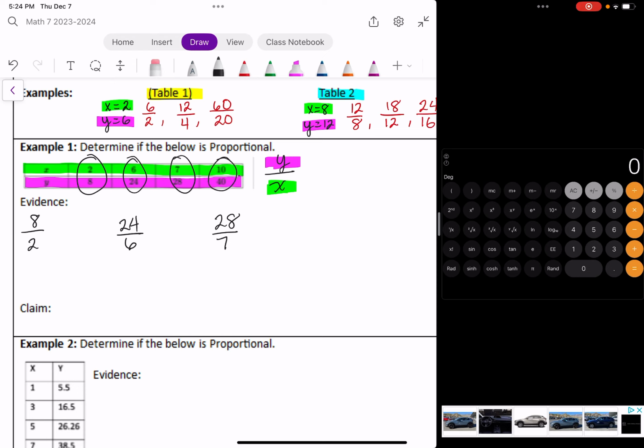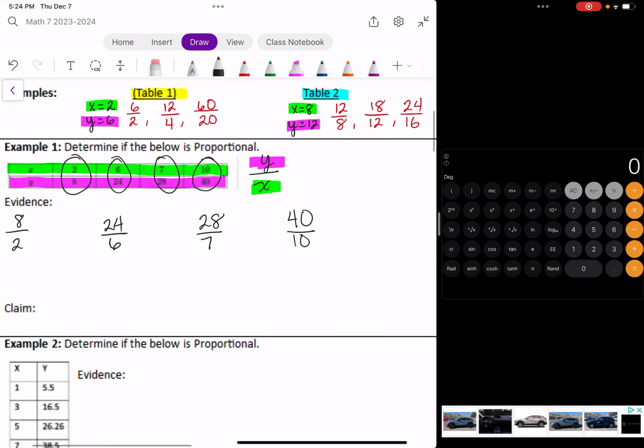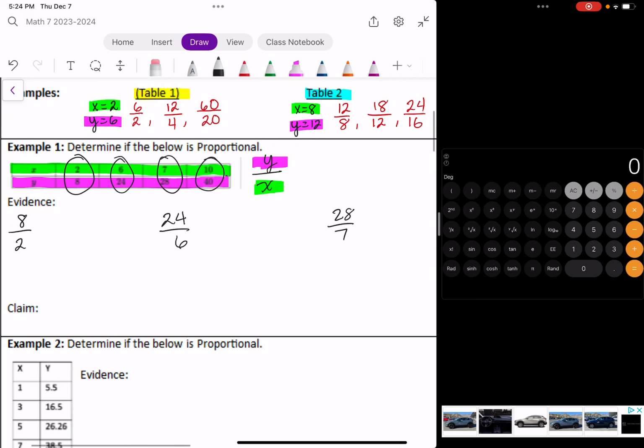Our last one is 10 on the bottom, because that's our x, and 40 on top, that's our y. Let me give some more space. 24 over 6, 28 over 7, and 40 over 10.